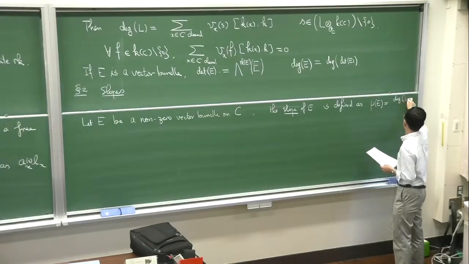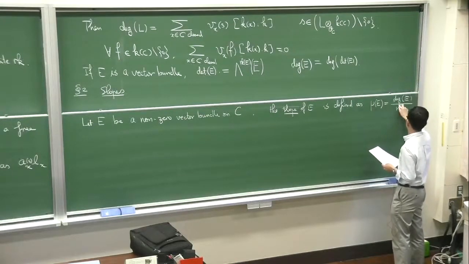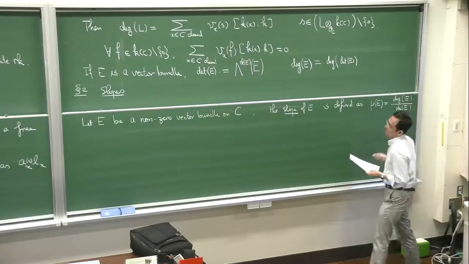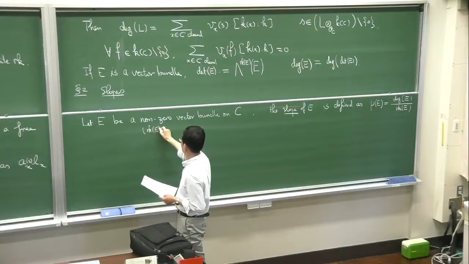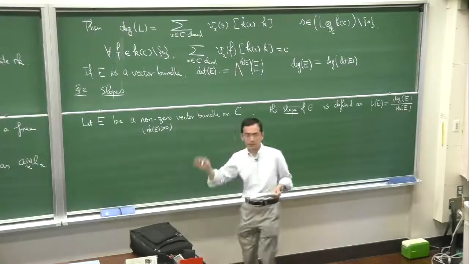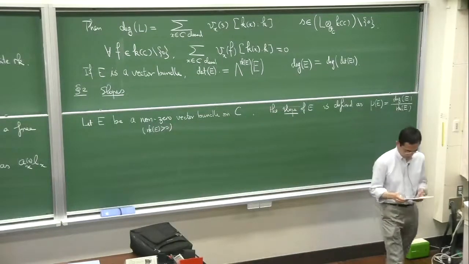What do I mean by non-zero? I mean the rank of E is positive, otherwise you cannot make the quotient.